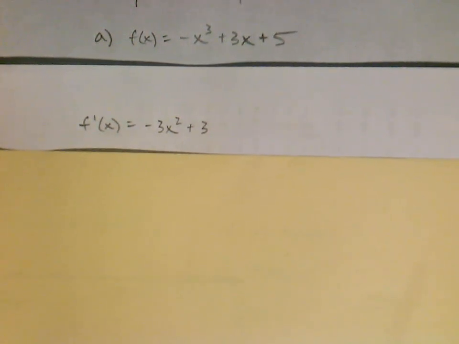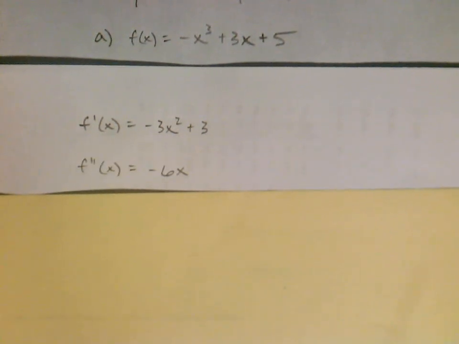All right, so we've got the first derivative, so we'll take the first derivative. F prime of x equals negative 3x squared plus 3, but we only do that so that we can again then find the second derivative, and fortunately they're getting simpler every time. The second derivative, f double prime of x equals negative 6x.